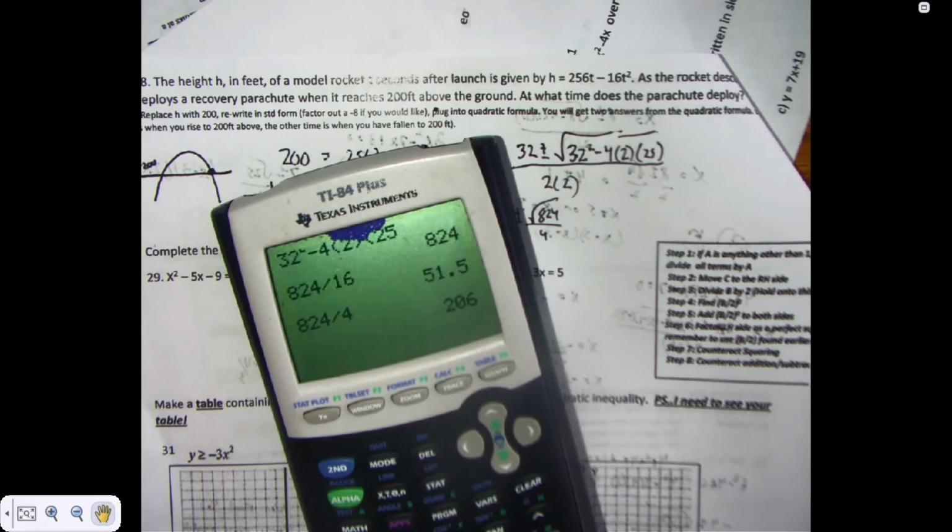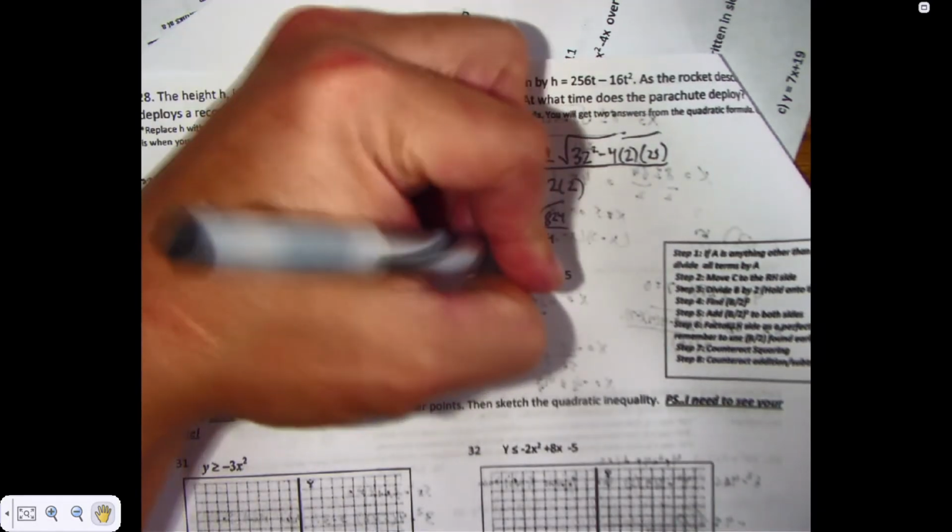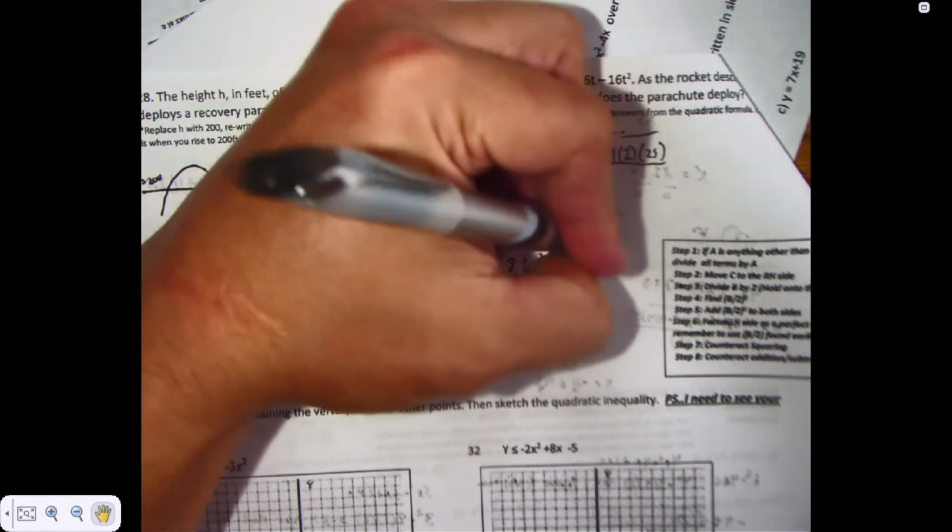And then 206. 206 is divisible by 2. Then you get 103, which is not really divisible by anything, is it? Not that I can think of. So it reduces down to 2 root 206, which isn't going to do you a whole lot of good. You'd have 8 plus or minus root 206 over 2.